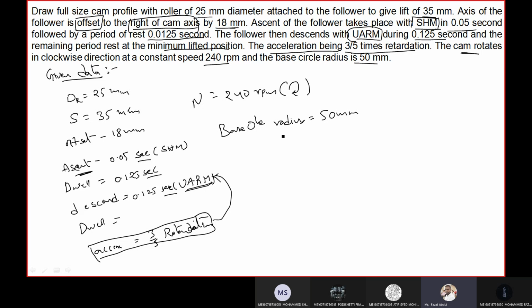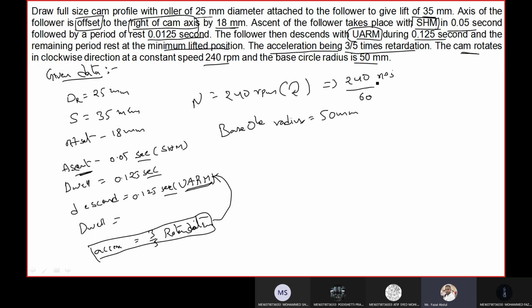To convert to degrees, first start with the speed of the cam. Speed of the cam is given in revolutions per minute. So that revolution per minute we need to convert first into revolutions per second, RPS, by dividing by 60 seconds.